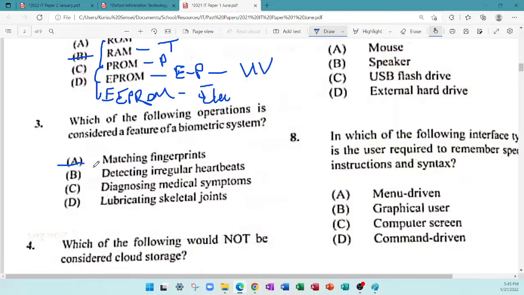Iris, fingerprints, your face, it's a face ID thing. Palm. Fingerprint, the entire palm, the face, the iris, and your voice. Those 5.